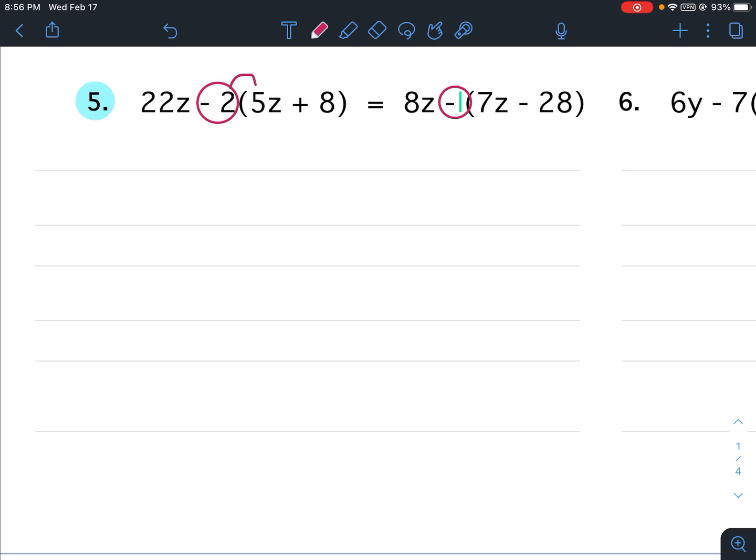So first I'm going to distribute -2. And then on this side I will distribute -1. Okay.